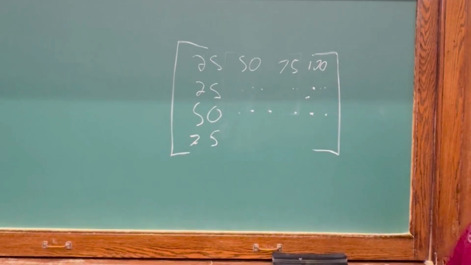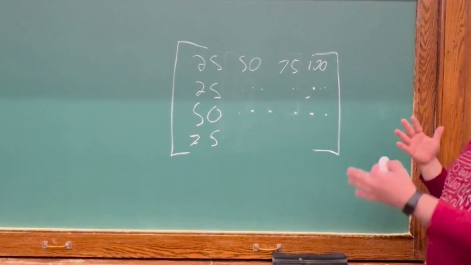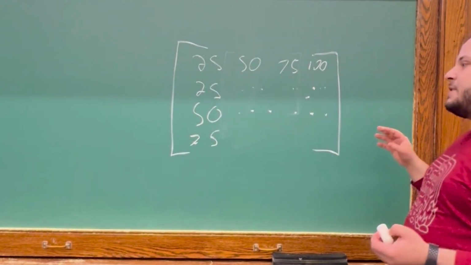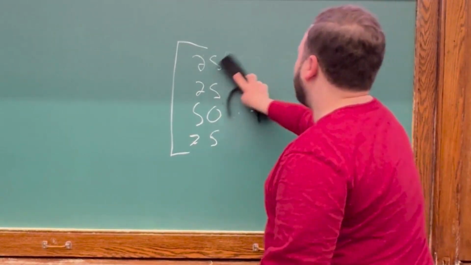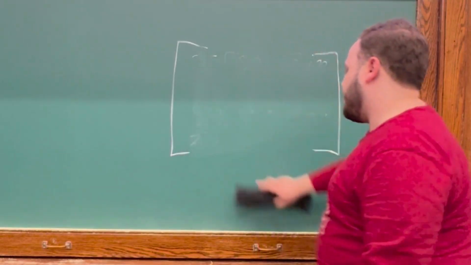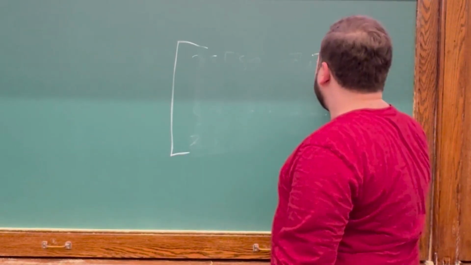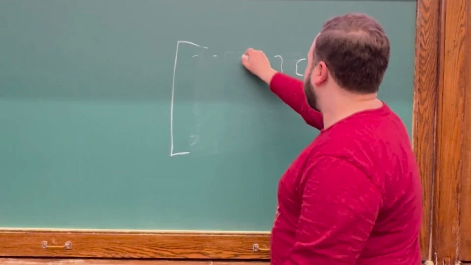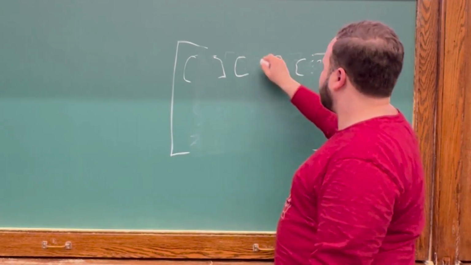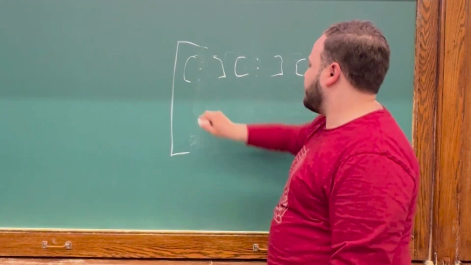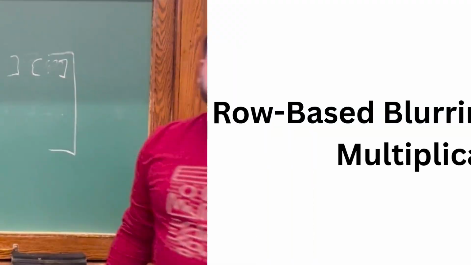So this image represents the 16 pixels of the grayscale image, but if we want it to be a color image, we actually need to make a matrix of vectors. Red, green, blue vectors.